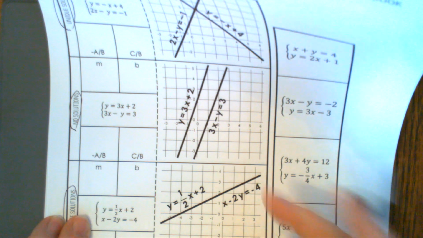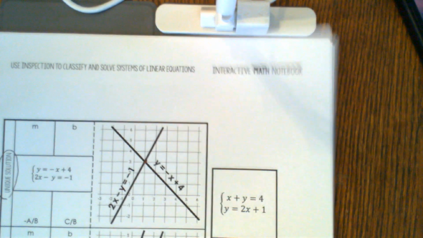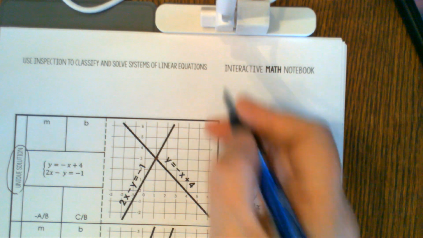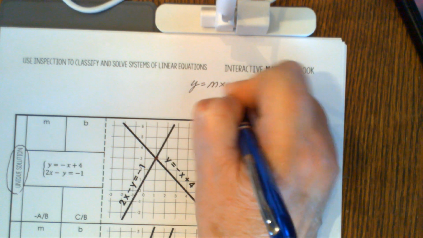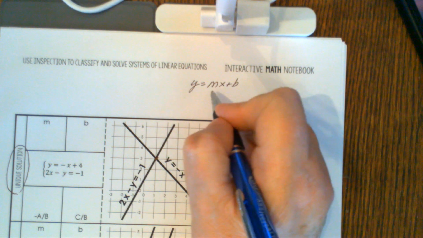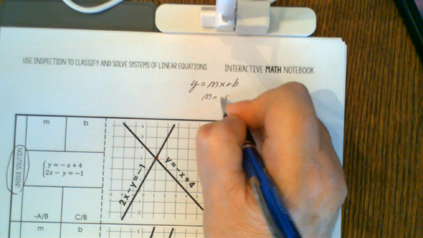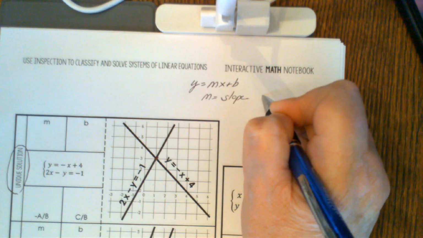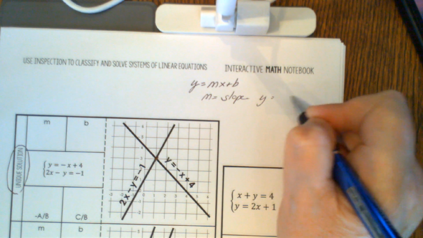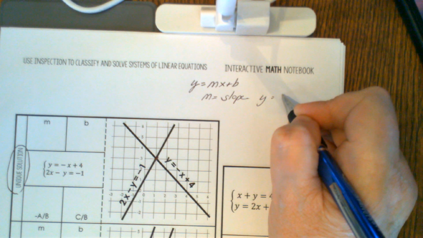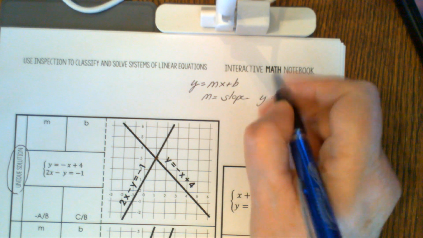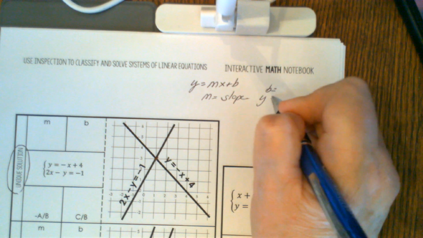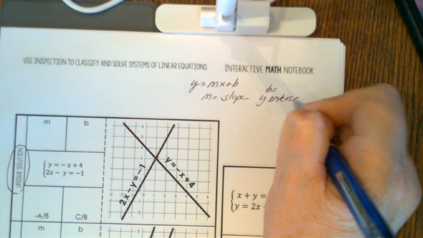Okay? Now, before we start, I just wanted to remind you the slope-intercept form is y equals mx plus b. M is the slope. I should have said b equals the y-intercept.